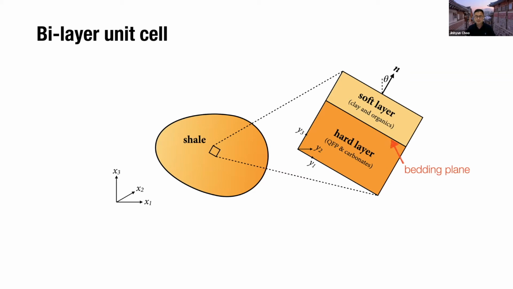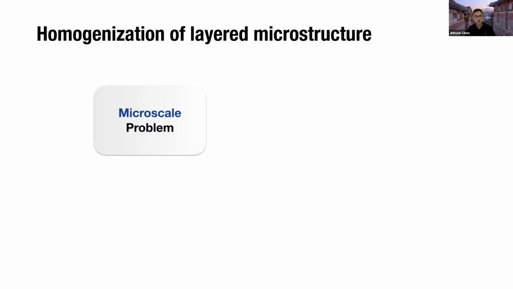So if we use this, we have to solve a macro scale problem, which is the standard problem in continuum mechanics, after solving the micro scale problem for this bi-layer structure. This is how we homogenize the micro scale problem, and it's a two-scale, multi-scale approach.